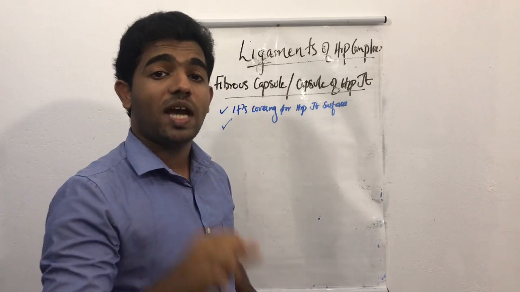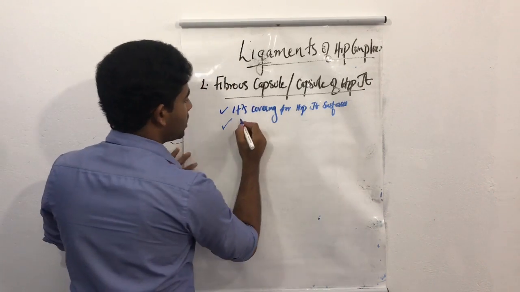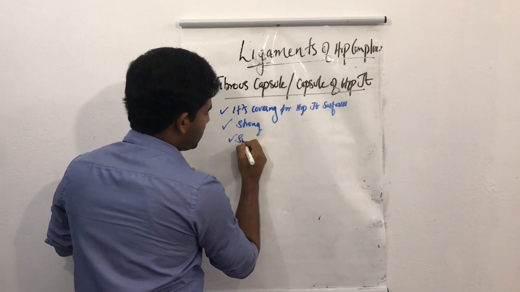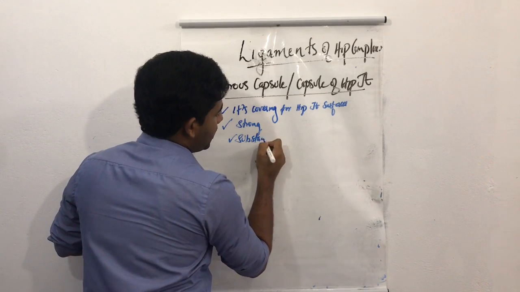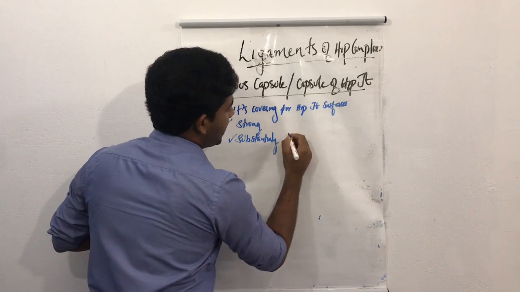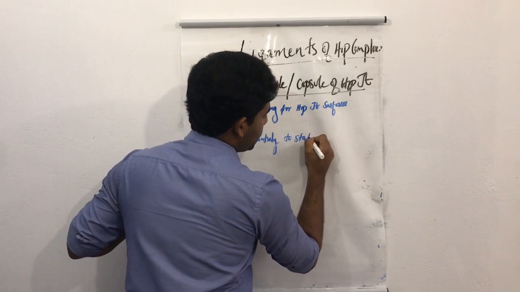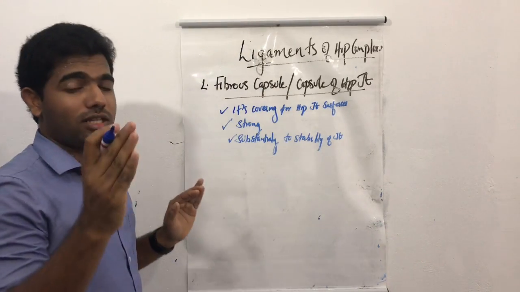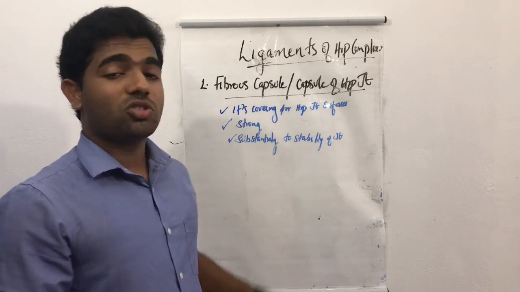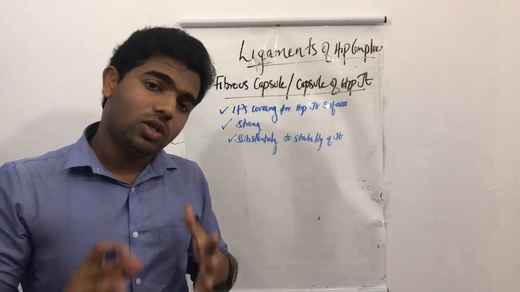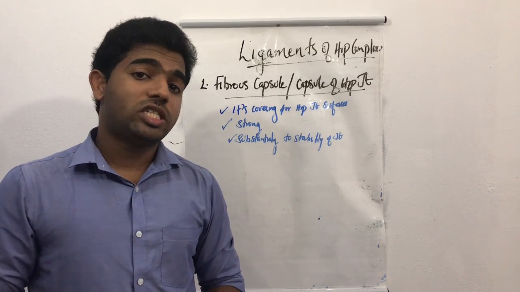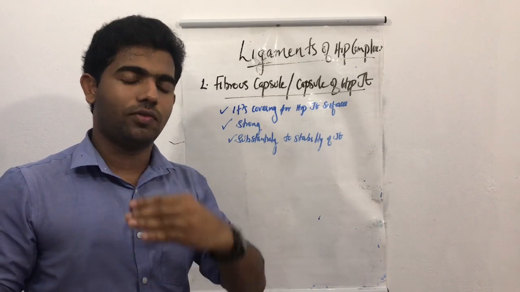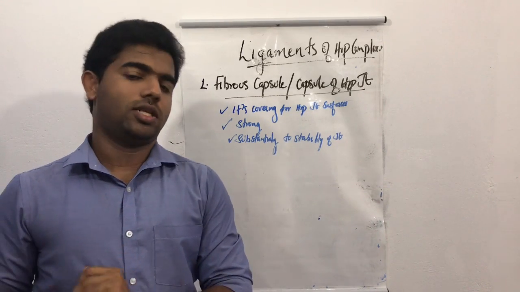The capsule is highly strong. So those are the two important things that you should remember. It is a strong capsule and it contributes substantially to the stability of the joint, differentiating itself from the glenohumeral joint or any other joint.